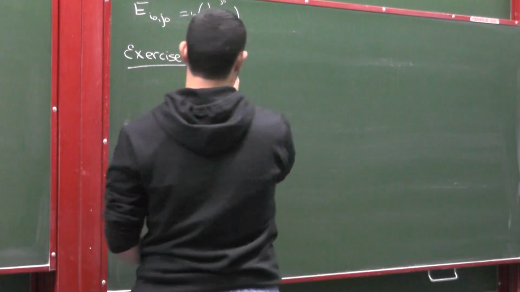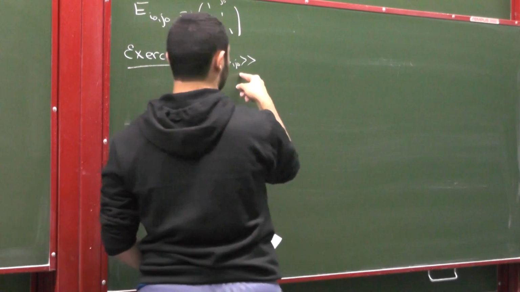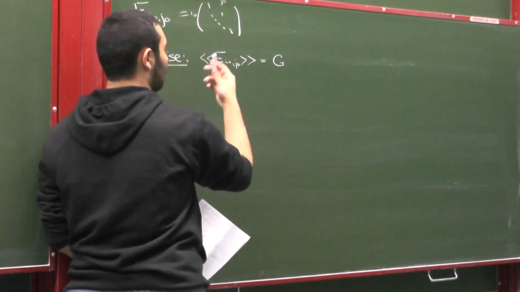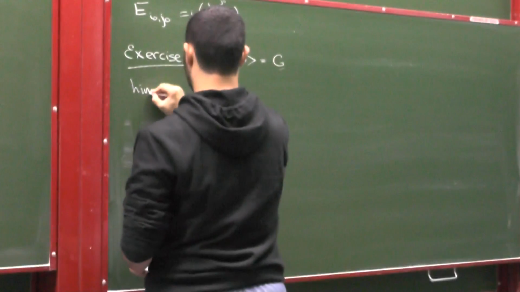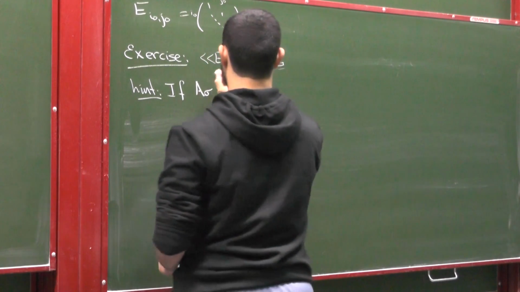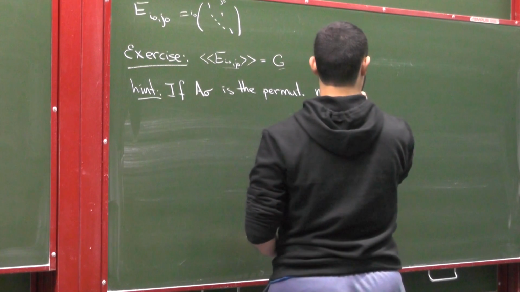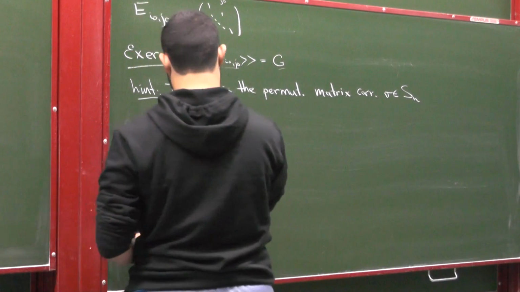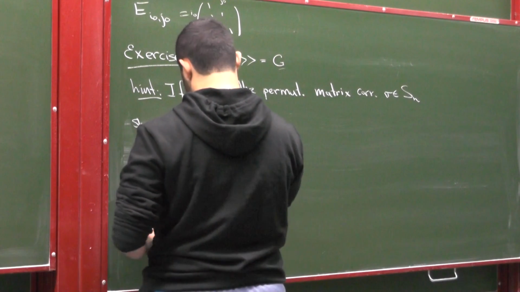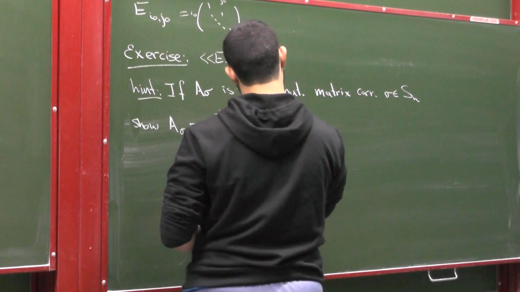As an exercise, show that E_{i0 j0} generates G normally, meaning that the minimal normal subgroup which contains this is the entirety of G. Hence, if A_sigma is the permutation matrix corresponding to a permutation sigma, then show that A_sigma E_ij A_sigma inverse is E_{sigma(i) sigma(j)}.